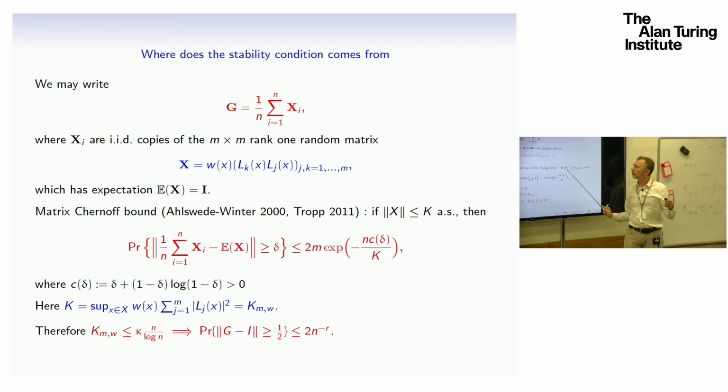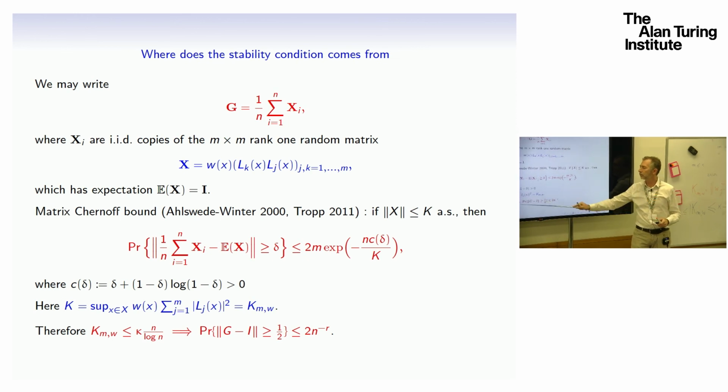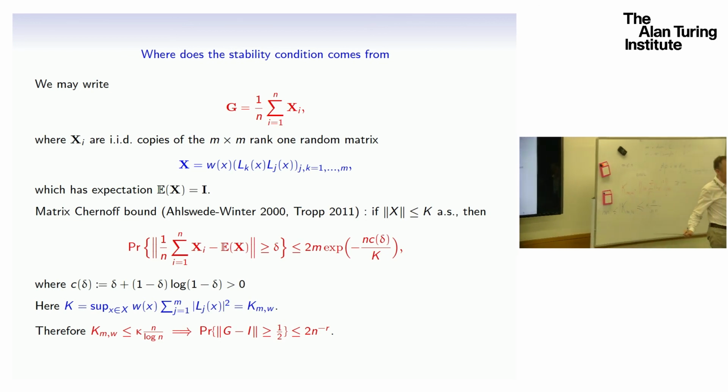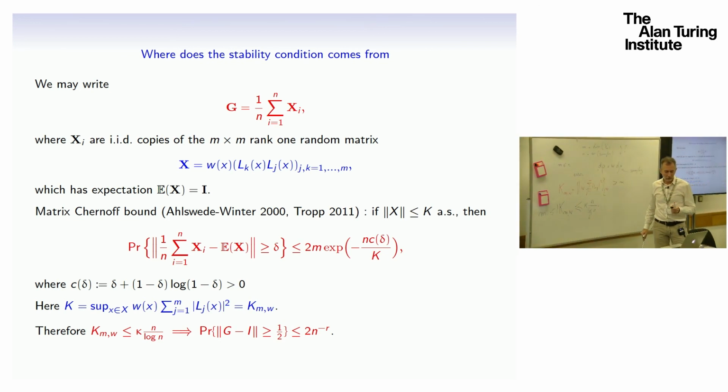So the almost sure bound for this is exactly the quantity that I gave, K_m,w, okay? And now you see that if K_m,w satisfies this inequality, then you just put it in the denominator, and the 2n cancels out, but you still have the log n to give you this rate. Okay, that's essentially the origin of this.